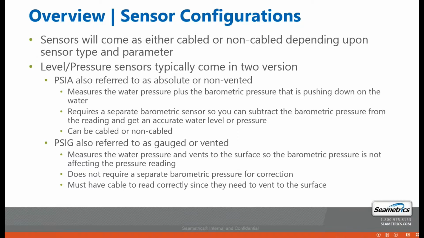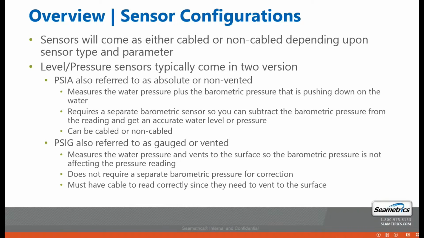When you're measuring with a PSIA unit, you typically need to have some kind of barometric compensation, whereas a PSIG unit has a vent tube that comes up to the top of your well or water installation, and the barometric pressure goes down the vent tube, and that automatically calculates what your pressure is based on both of those parameters.